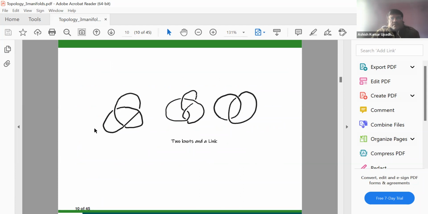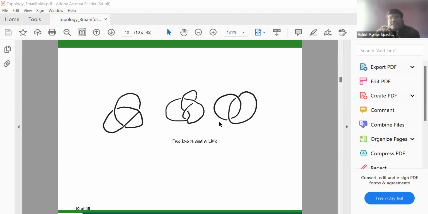Let me just mention in passing that the two knots on the left are actual knots, and on the right we have something which is known as a link. What is the difference between a knot and a link? We have two knots together forming a link.